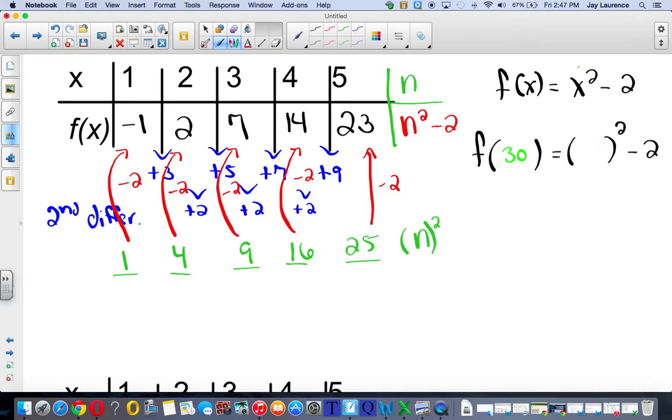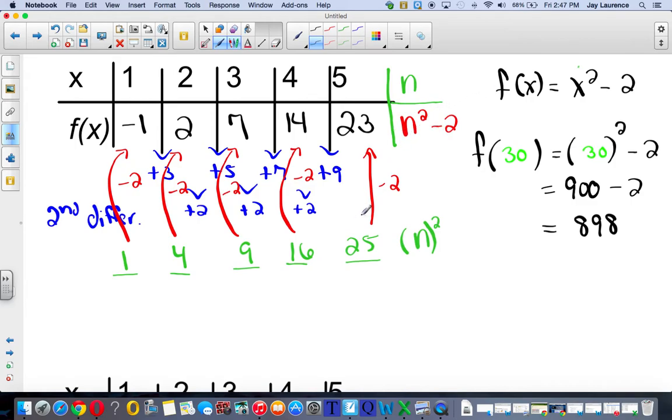Okay, f of 30. So I do my order of operations. I have to square 30, and I'm going to get 900 minus 2, and then I'm going to get 898. So the 30th piece of data is 898. I don't know about you, but I'd rather do it this way than try to list out the first 29 pieces of data and then figure out the 30th.